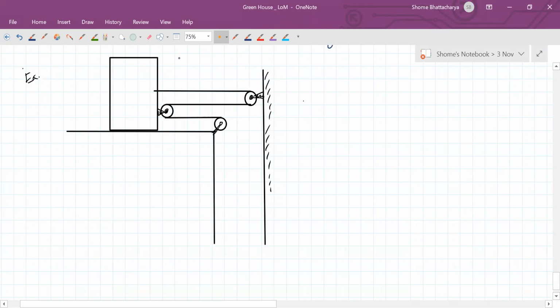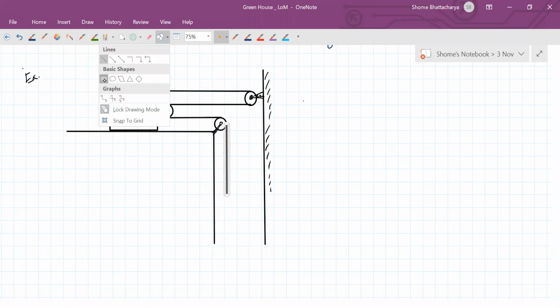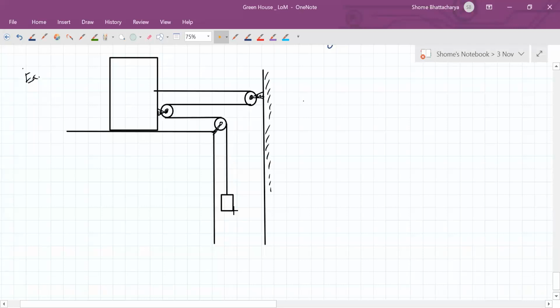Okay, so there are three pulleys like this. Okay. And of course, there's one more block attached here. So we have this kind of a system now.